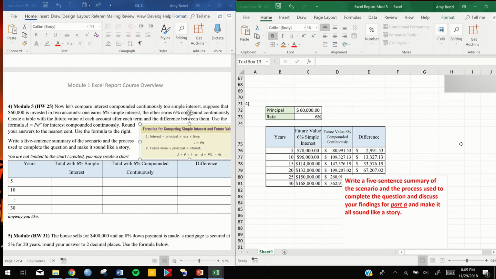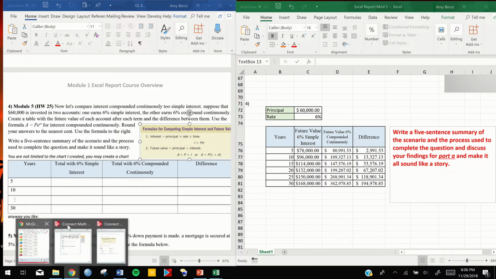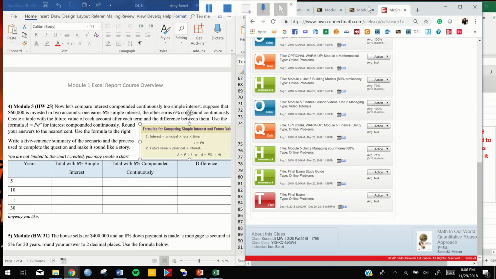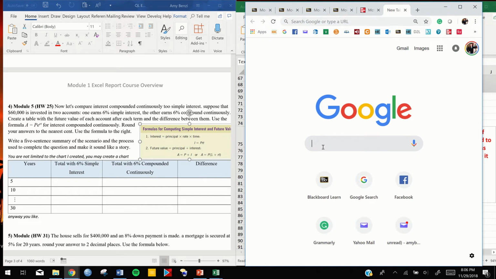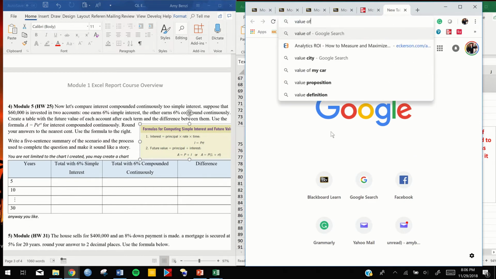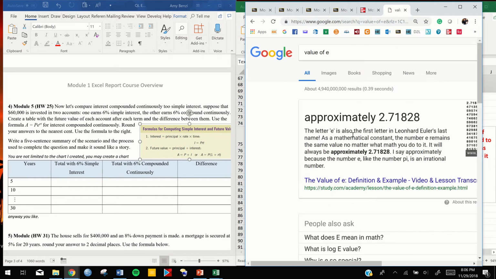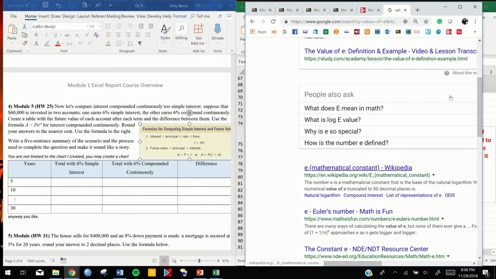All right, folks, here I want to see some nice, good vocabulary about the differences between simple interest and compound interest. You can even Google. Let me just show you real quick. You can even Google E. Let's write the value of E. And here we can get all kinds of cool information about this number. So have a look at it, and it's Euler's number.